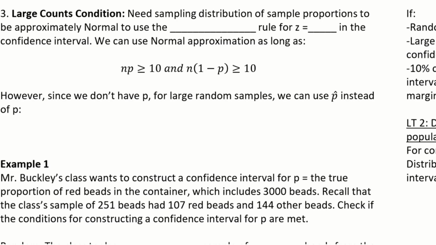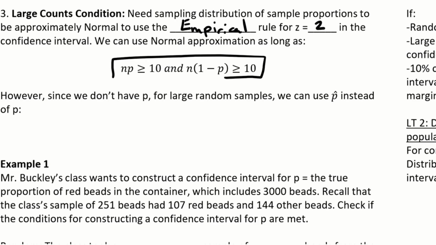Okay, and so remember that we want to establish normality in order for us to be able to use the empirical rule, and in order for us to use z-scores. Okay, because z-scores and all that stuff are very important, very efficient, very useful. So we can use the normal approximation as long as this condition is satisfied.